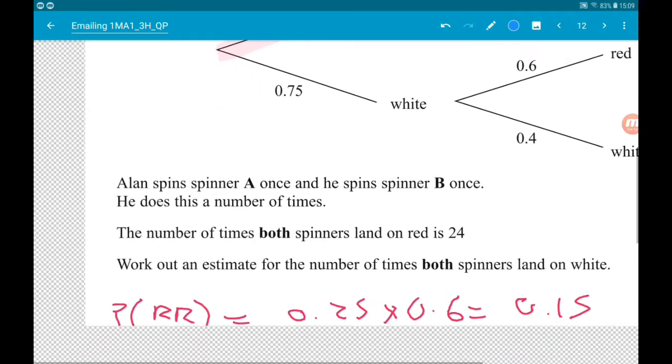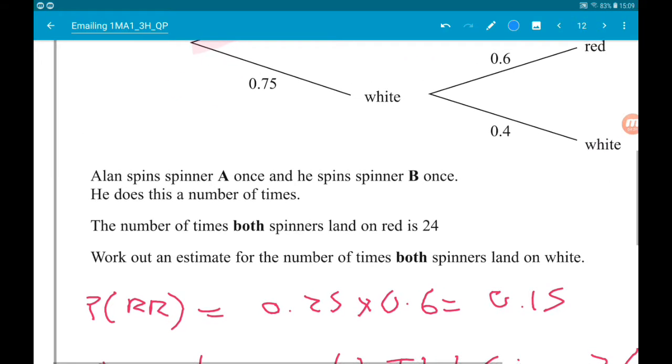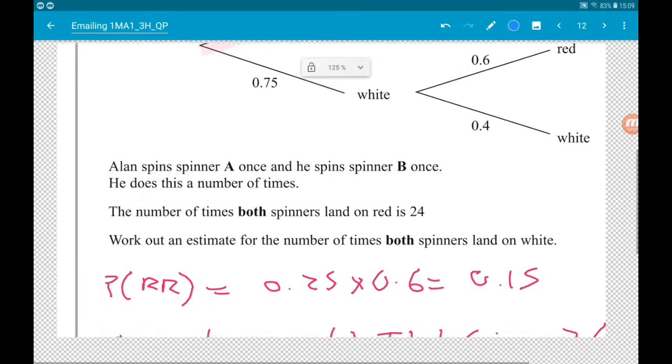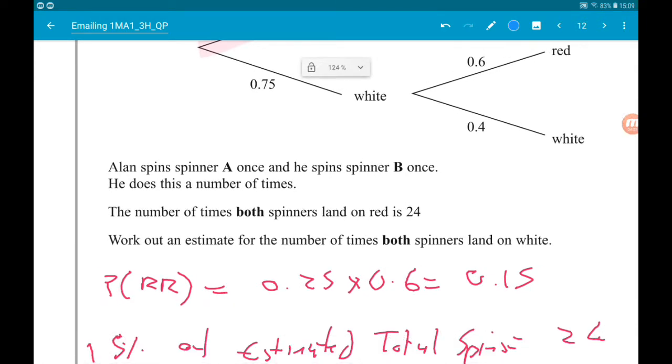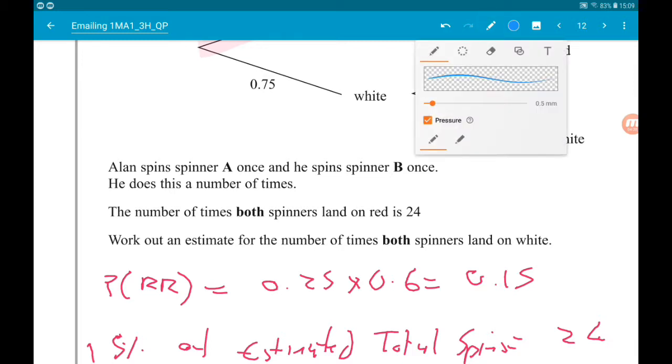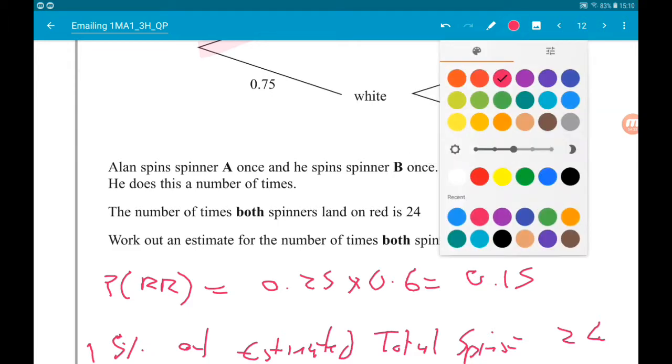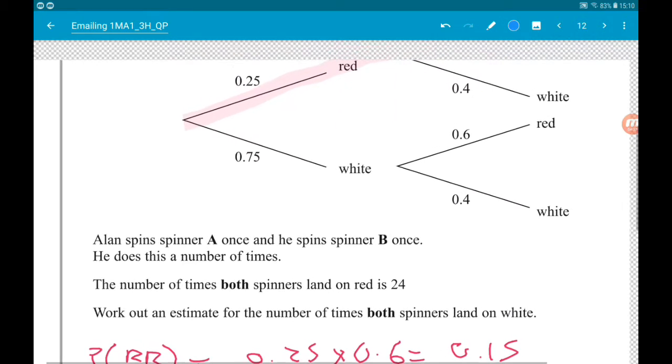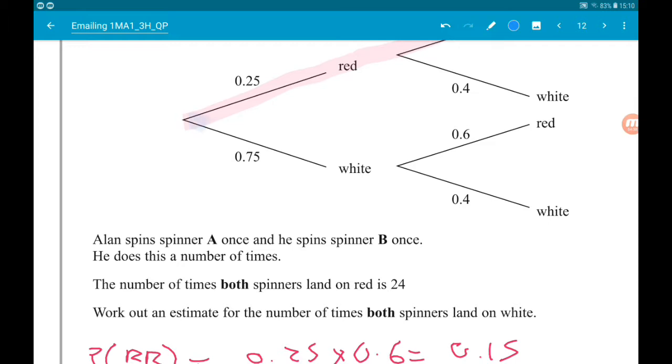What we want to do is work out an estimate for the total number of times both spinners will land on white. So we now need the probability of white and white. So this time we are going along that and along that.